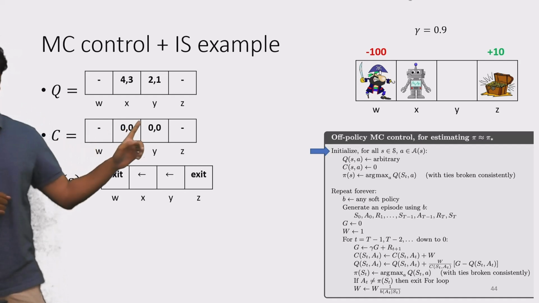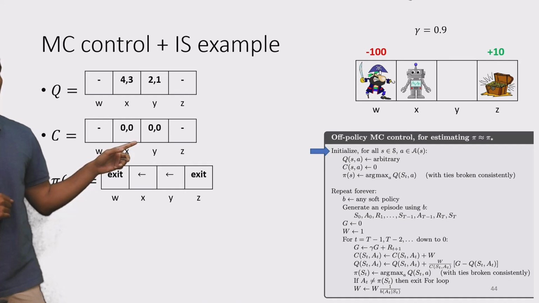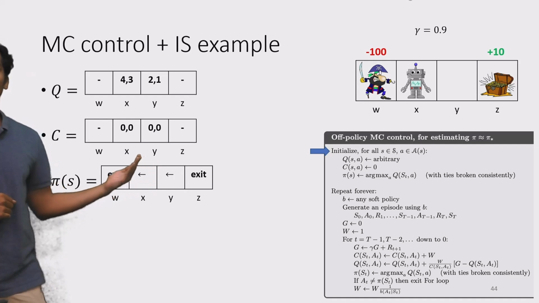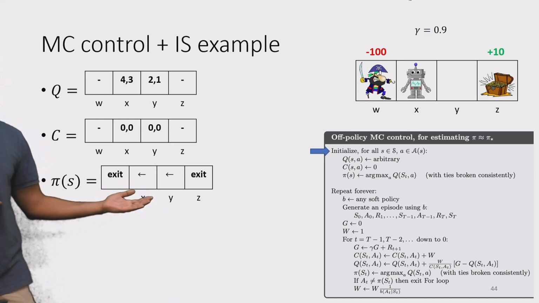So this would be the sum of the importance sampling weights. Yes. So C would be the sum of the importance sampling ratios that we've seen so far in the episodes that we've sampled. And pi is our randomly initialized soft policy.